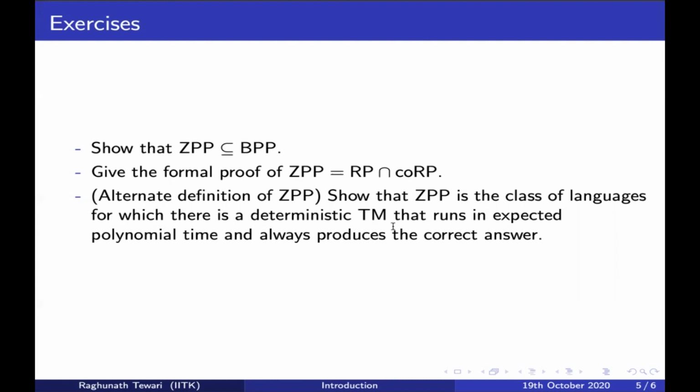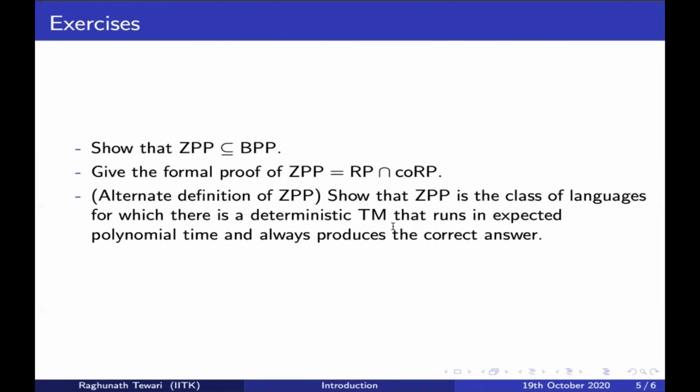What this means is that for some inputs, the machine can take longer than polynomial time, maybe even exponential time. But on an average, the Turing machine runs in expected polynomial time. Basically, if I take an average over all inputs, then the running time is polynomial. So this is an alternate definition of ZPP.